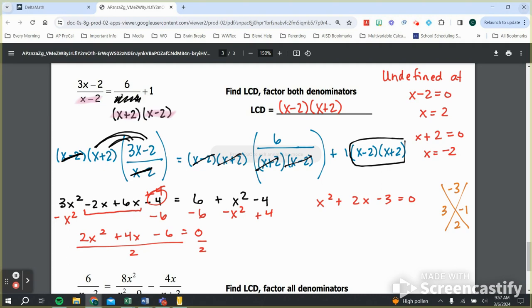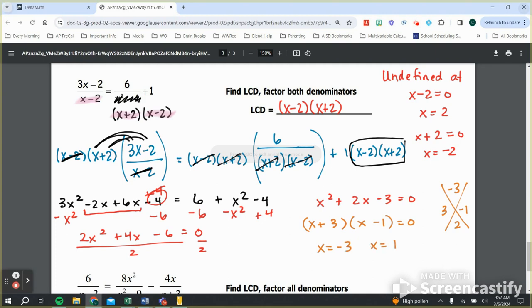So what that leaves me with here is x plus 3 and x minus 1, and that equals 0. So our x equals -3, our x equals 1.